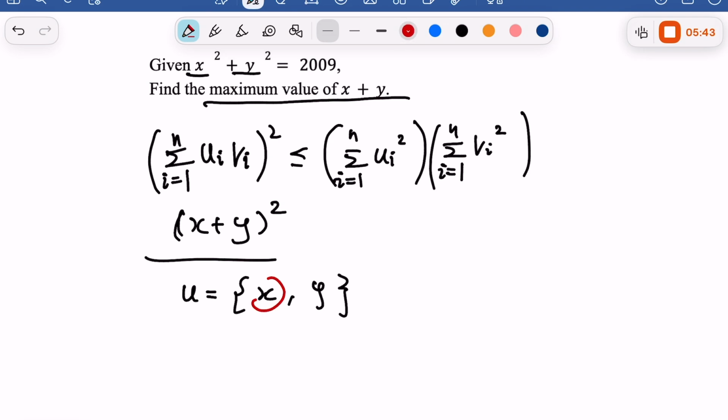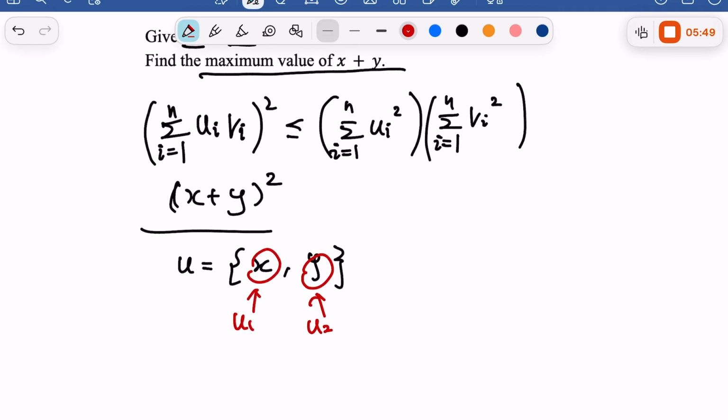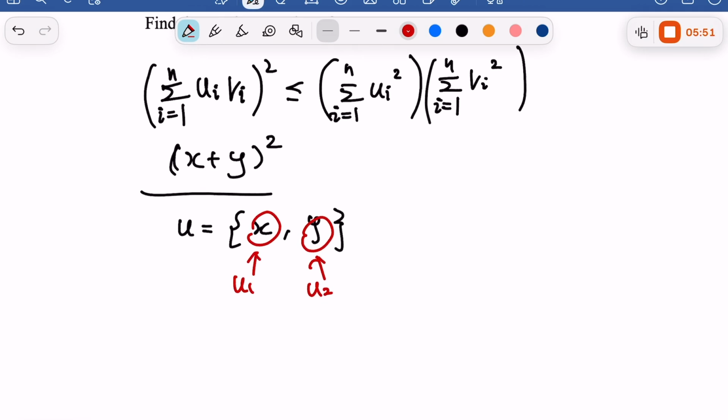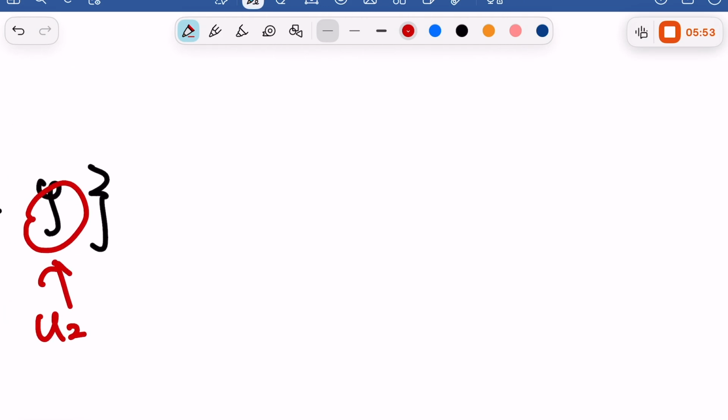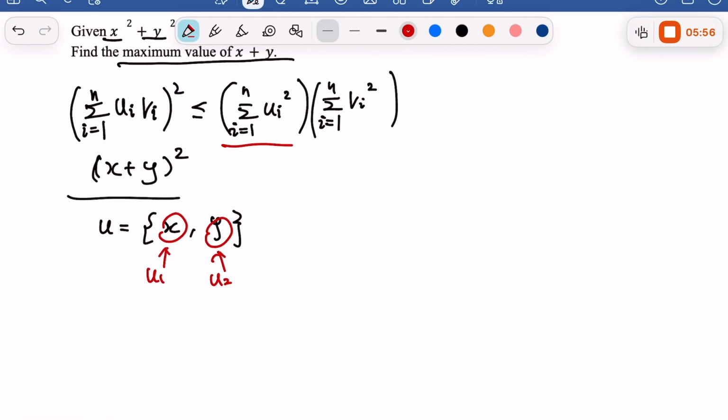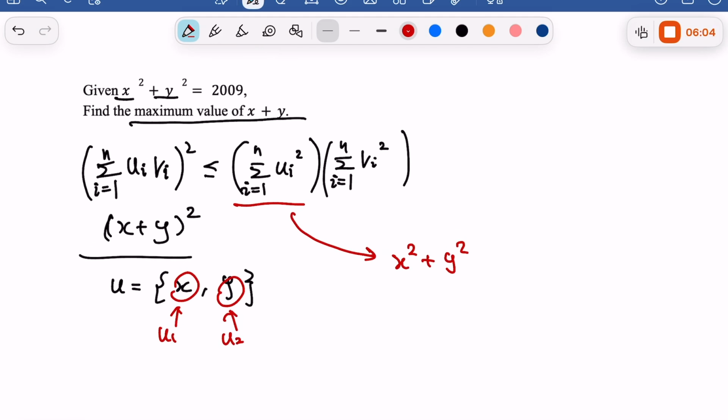So x will be, in this case, u1, and y would be u2. Now we can get this part of the equation, and it will be x squared plus y squared. And we know that, given in the question, this equals 2009.